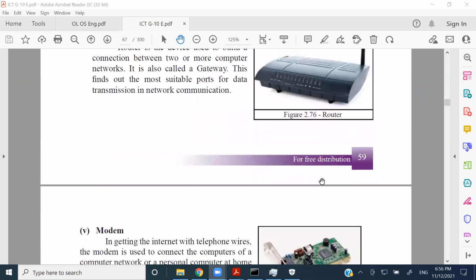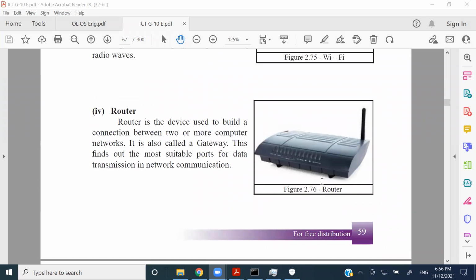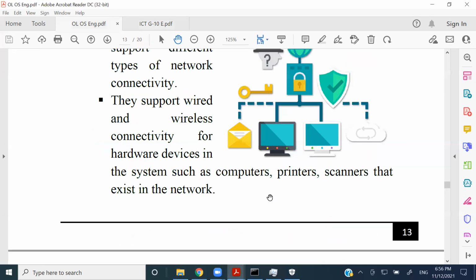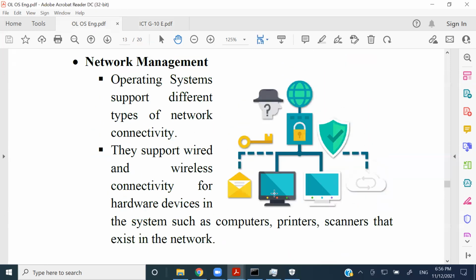As per the network, it is one particular device which we use to have the internet connection. This kind of network management is again given by the operating system. Without the operating system, we won't be able to see the members of the network and all these things in our computer.